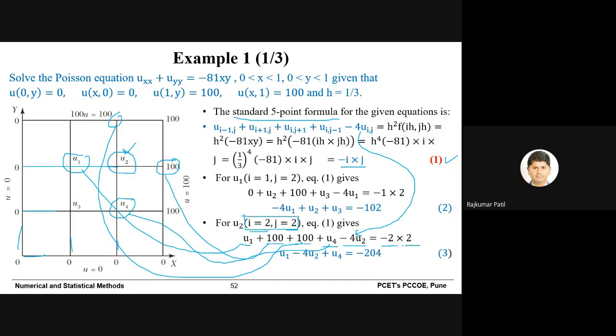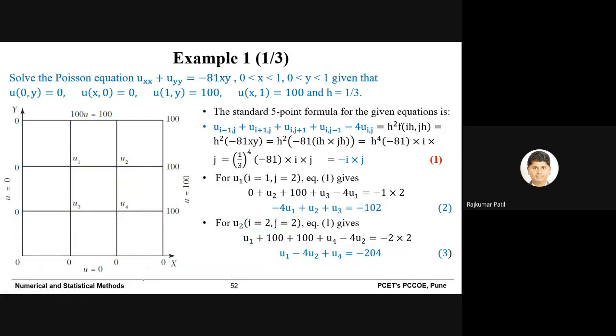So we put those values and then we need to simplify this equation, and upon simplification you will get u1 minus 4u2 plus u4 equal to 2 minus 204, and that we call equation number 3.